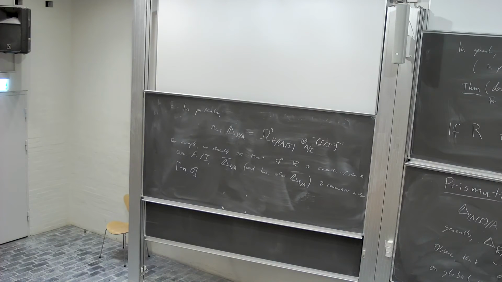Viewing it as an A-linear map, we get this relative Frobenius. But yes, this comes out of the delta structure we have on all these prisms.